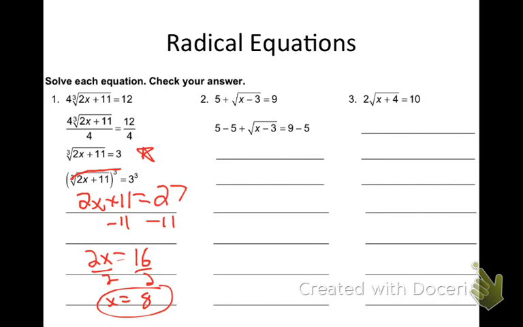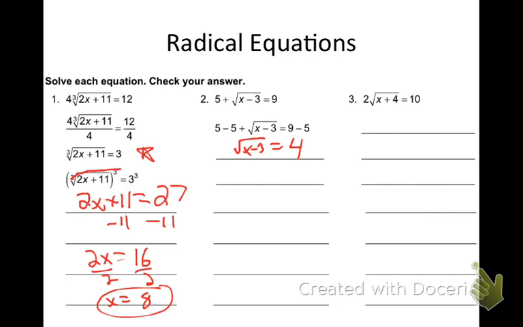Let's look at number 2 here. It's 5 plus the square root of x minus 3 equals 9. Yes, sir. So when you divide by 4 and stuff, you leave the 2x plus 11 alone? Yep. Number 2. Recognize they subtracted 5 on both sides first. Why do we subtract 5? Because we need to get the radical alone. So subtracting 5 leaves me with the square root of x minus 3 equals 4.